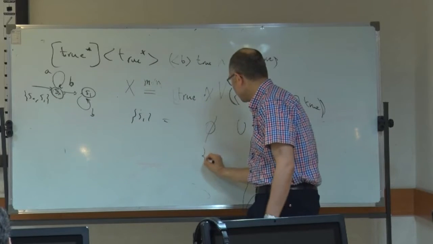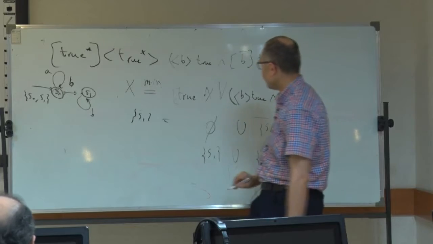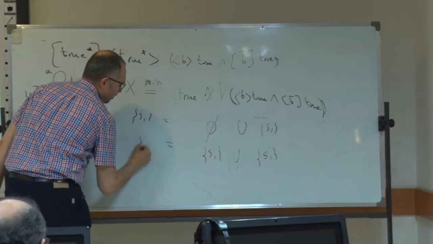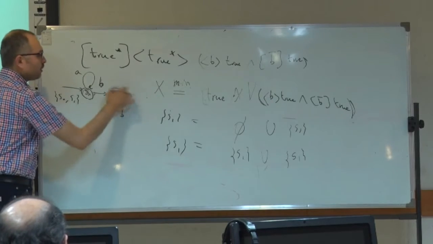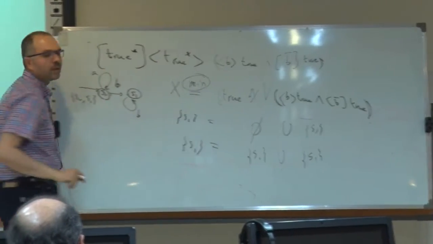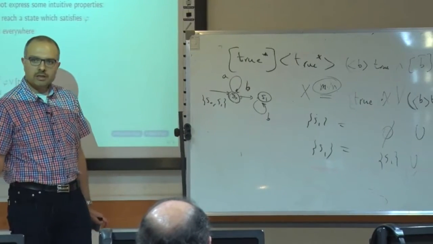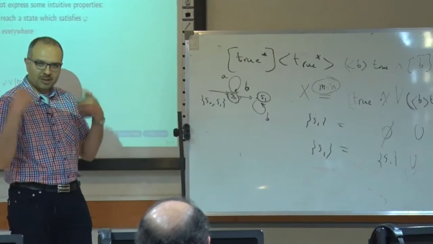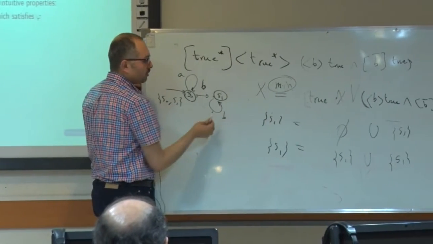So the only state that satisfies this formula with S1 is S1. S1 union with S1, S1. I've reached the fixed point. So S1 is the fixed point to this minimal fixed point equation. And I think that makes perfect intuitive sense. I have to think a little bit longer because I cannot think and speak at the same time. But it makes perfect sense with the minimal fixed point.